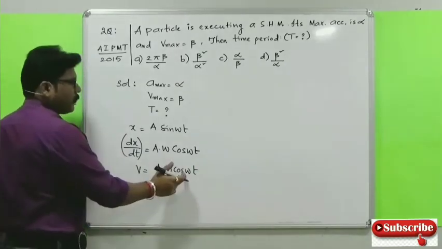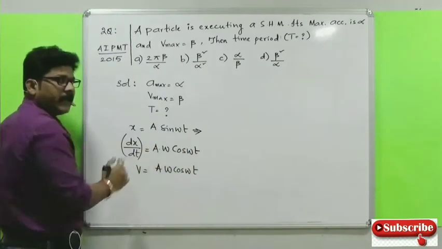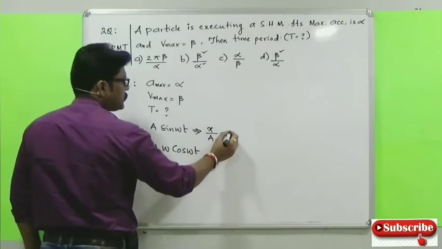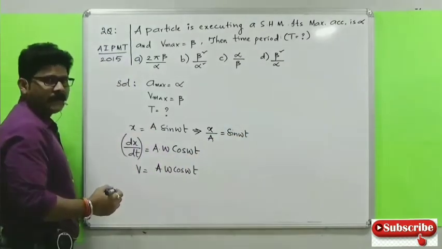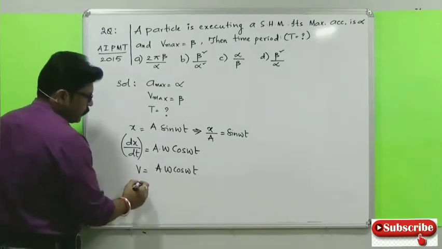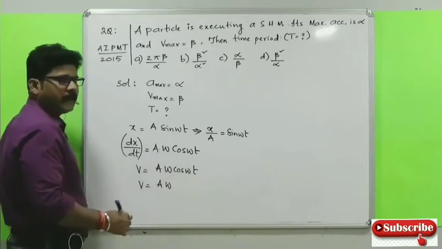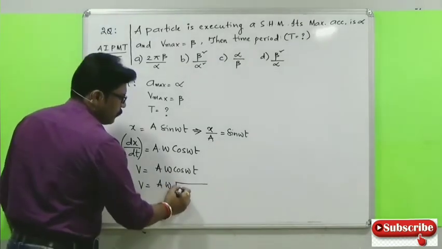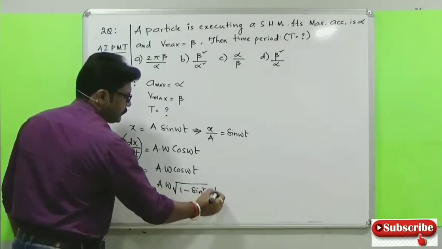Now this cos omega t can be written in terms of sin omega t. x by a equals sin omega t. So v equals a omega into cos omega t, which can be written as under root of 1 minus sin square omega t. Am I right?